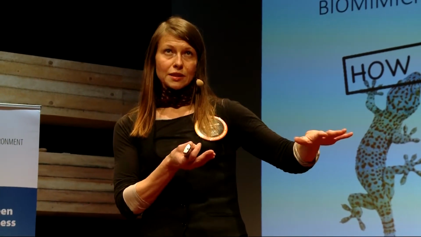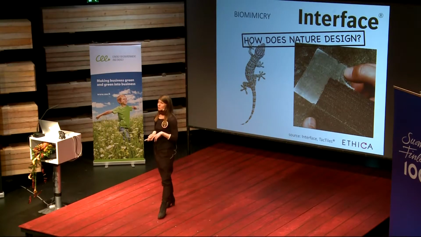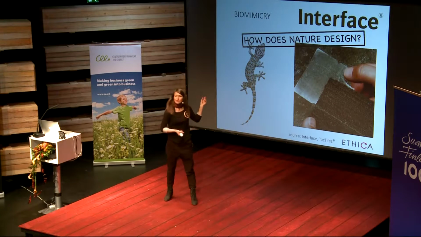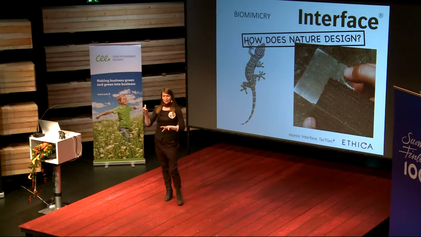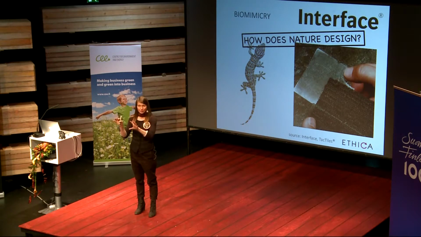Traditionally, all those carpets were glued on the floor. And you can imagine that when you start removing the carpet, there are lots of toxic materials, and it is really, really difficult to recycle, let alone remanufacture using the same materials. So what Interface did was explore how the gecko has a way of gripping the wood or the rock. It somehow stays there. Could we learn something from that? How does it do it?